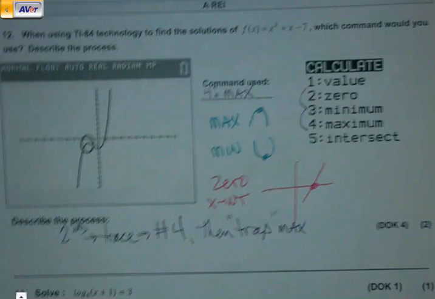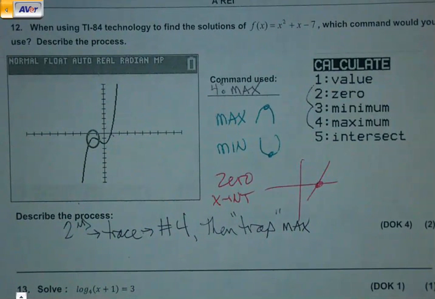And since some of you probably wouldn't be interested in writing an entire book for me, I'd say then trap the maximum in. Instead of saying, move my arrow 3 to the left and hit enter, and hit to the right 6, then hit enter, and then hit enter again. I mean, if you want to write all that, you can.